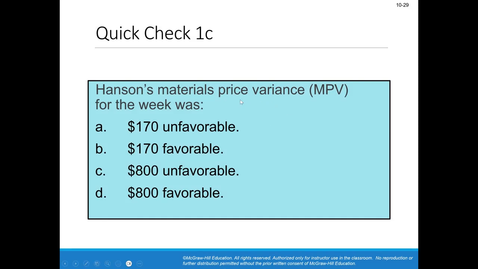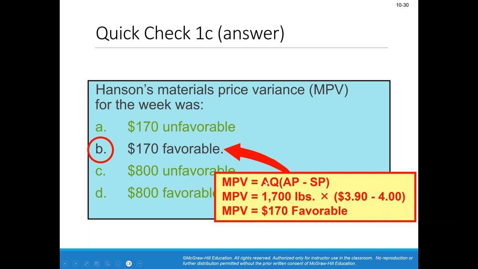And then what is our material price variance for the week? $800 unfavorable? Or hold on. Oh, price was favorable. Yes. So that is again the actual quantity times the difference in the price.